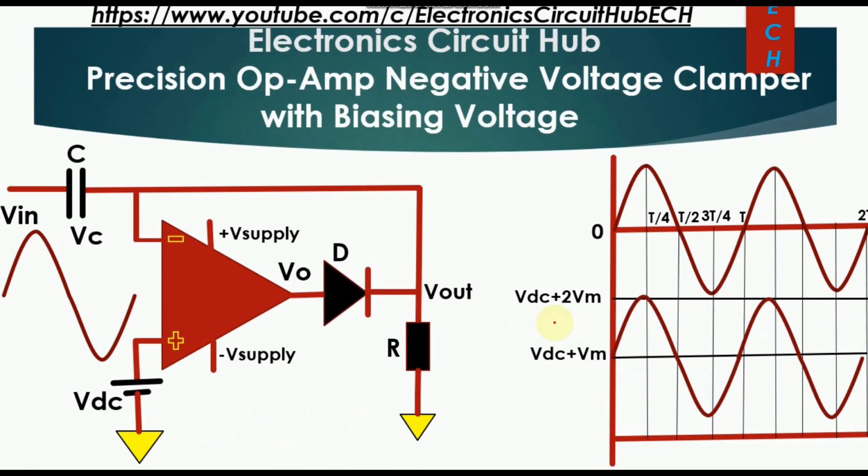Now if you bias some DC voltage at the non-inverting terminal of an op-amp, what would be your circuit behavior? So this is the input signal and this is the output signal, V out. So if you apply a DC voltage, this is the op-amp positive clamper with DC biasing.